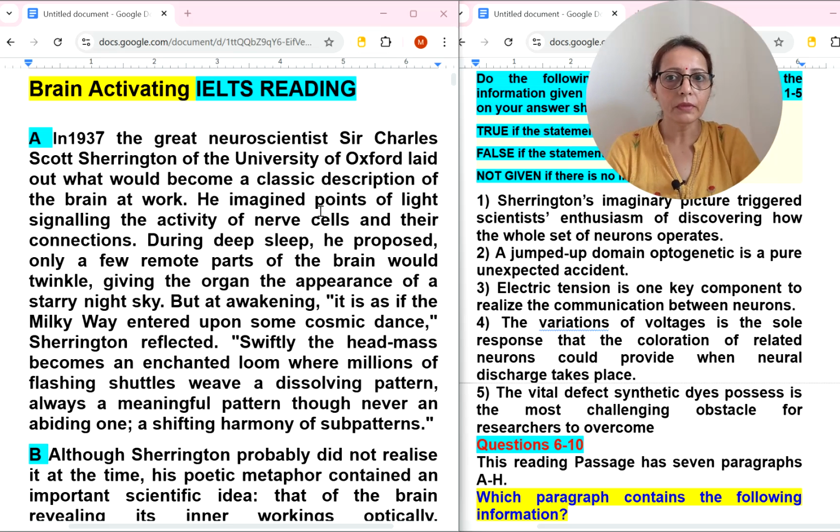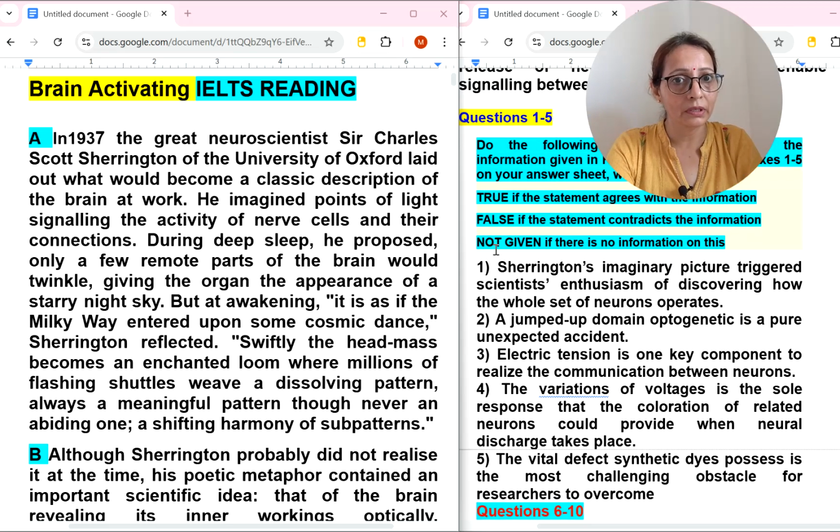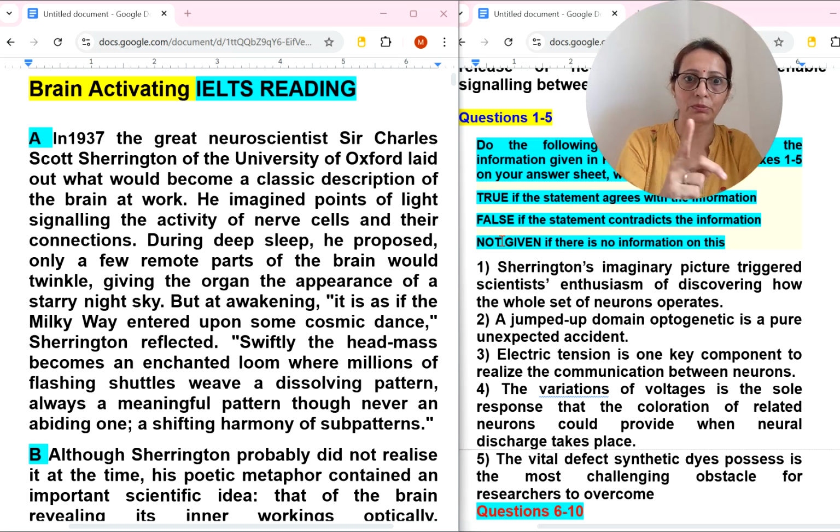Okay, let's read question number 1, that is true false not given. If you are a beginner, true false not given means: if the statement agrees with the information, the information being in the paragraphs and the statement being the question statement, then it will be true.